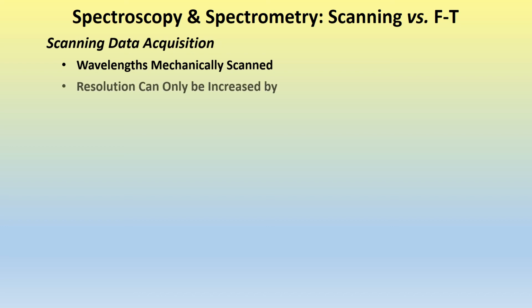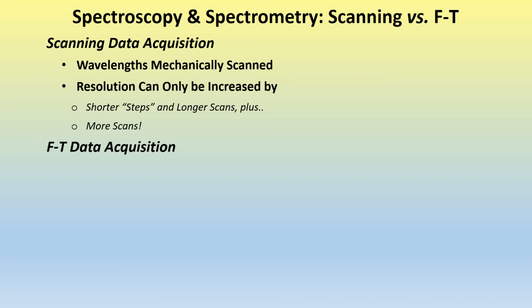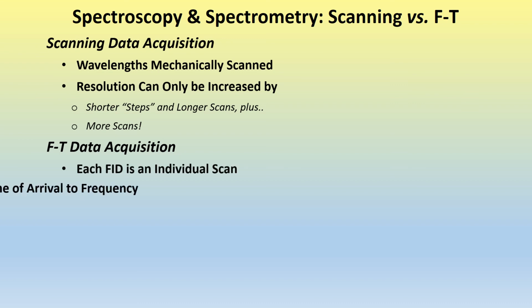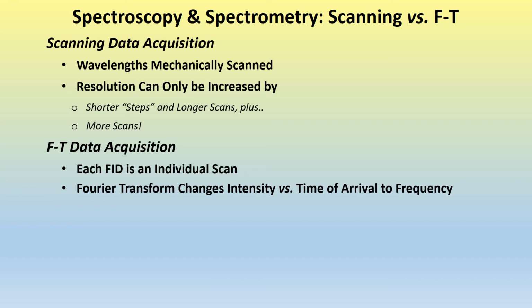Therefore, the resolution can only be increased by both shorter steps and longer scans, and also more scans. For FT data acquisition, each FID is an individual scan gathered quickly. The Fourier transform changes intensity versus time of arrival to frequency.